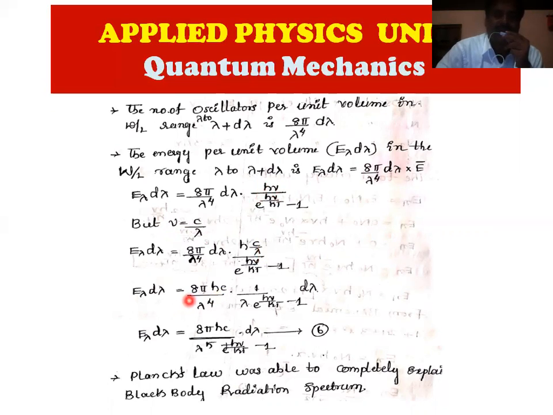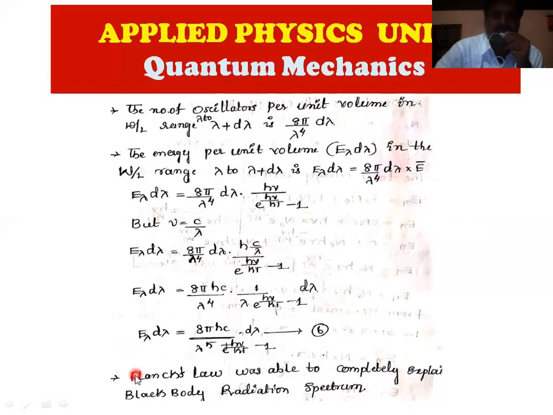Then you will get E lambda d lambda equal to 8 pi hc by lambda to the power 4, and in the numerator 1 by e to the power h nu by kT minus 1. Then E lambda d lambda equal to 8 pi hc by lambda to the power 5 into 1 by e to the power hc by lambda kT minus 1. Call this equation 6.